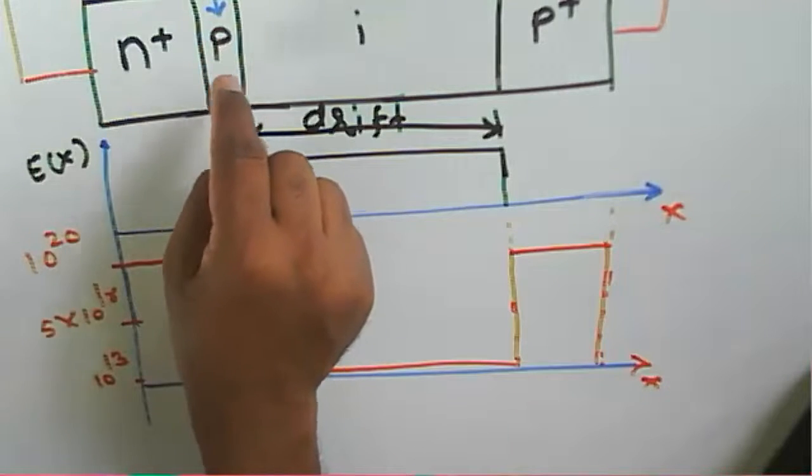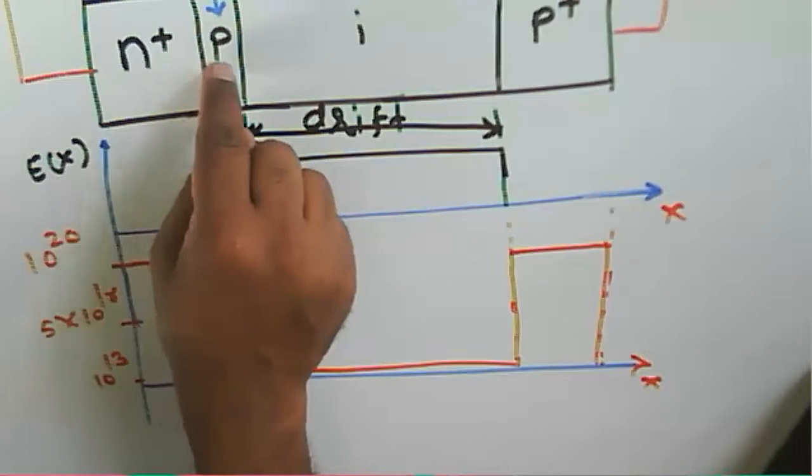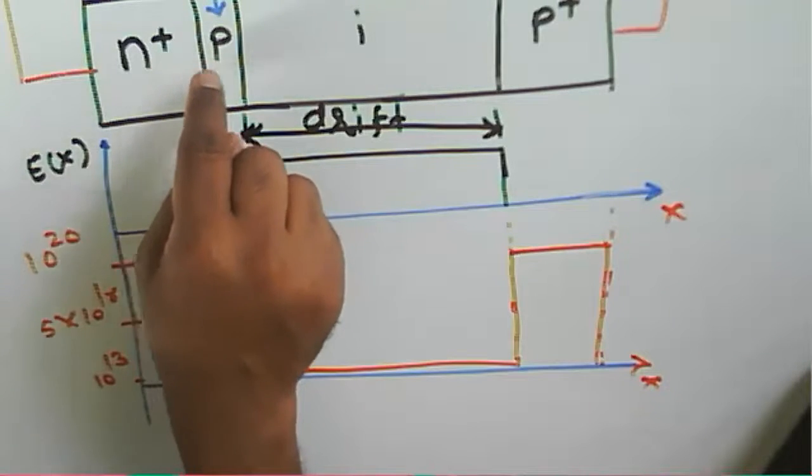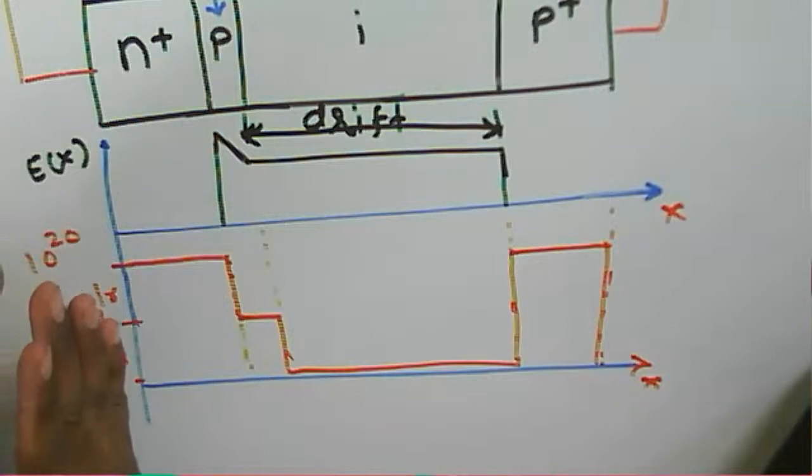So avalanche multiplication is confined in the n plus p region.